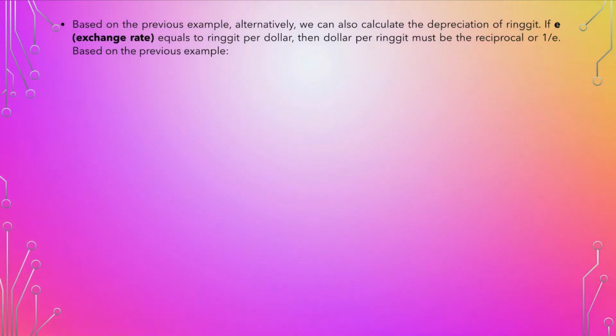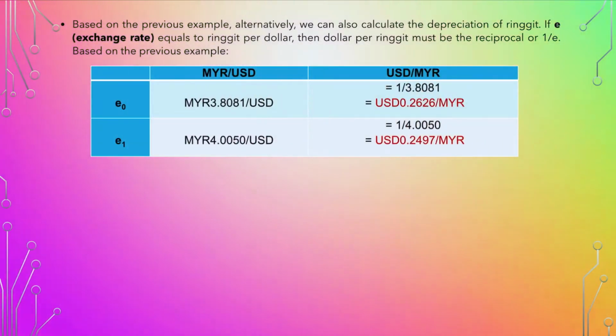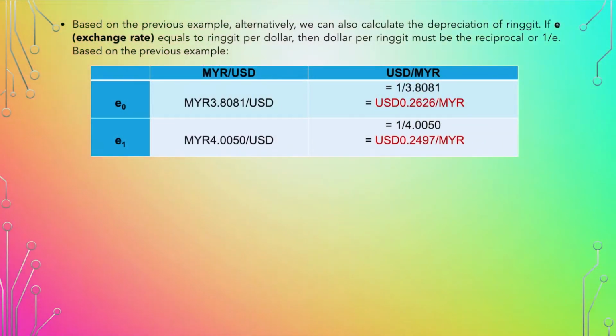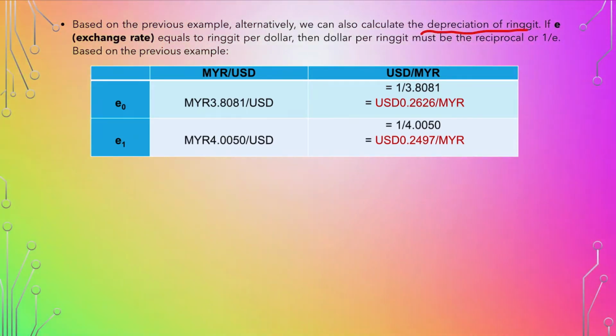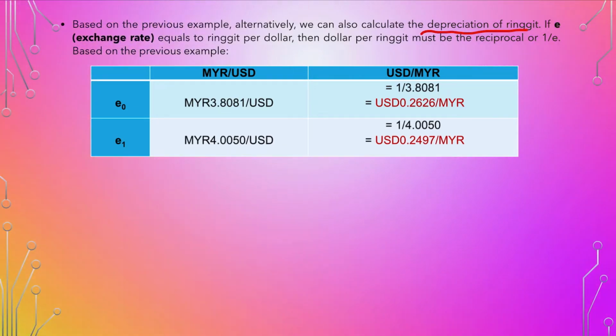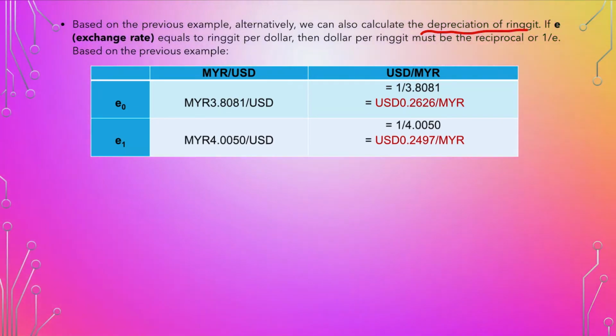If we want to use the Malaysian ringgit, you have to change. Based on the previous example, we also can calculate the depreciation of the ringgit. How? If E refers to the exchange rate equal to ringgit per dollar, then dollar per ringgit must be the reciprocal.